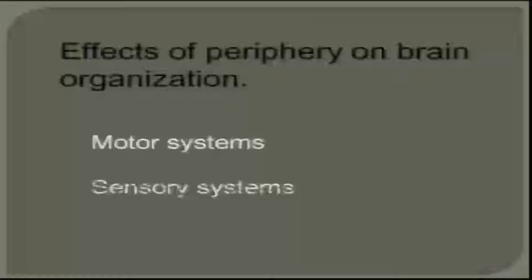The brain evolves on its own through its genetic mechanism, but there is a huge effect of the periphery, that is the environment, on the motor system and the sensory system. That is why, if you go back to the slide in the last lecture where I asked, is it context? Human beings cannot live like an island, because their whole sensory motor system develops so embedded with the environment.